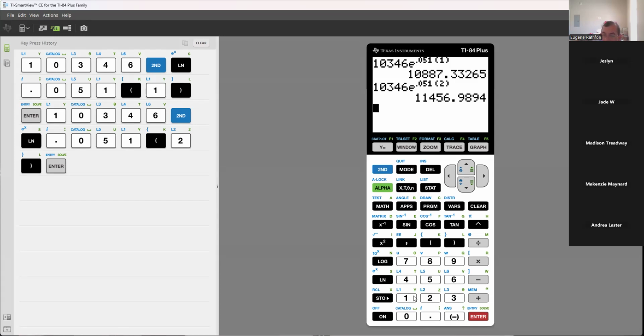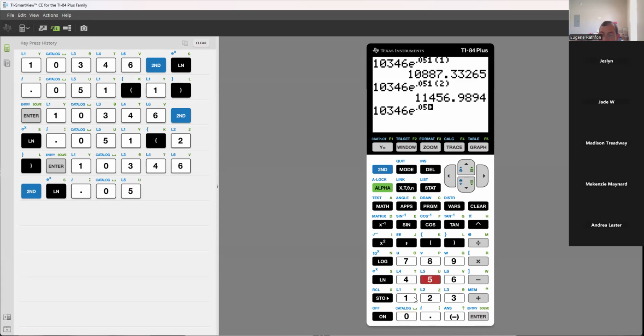All right, then I got 5 years, so 10,346. Second ln to get the e, and then it's a 0.051 times 5 years. So it better be going up still.